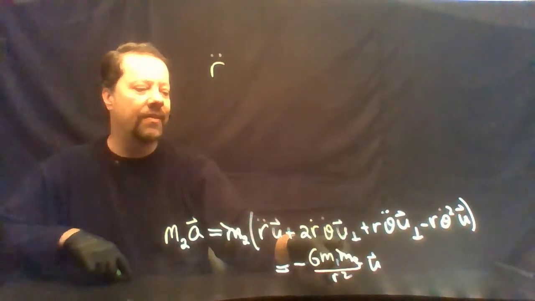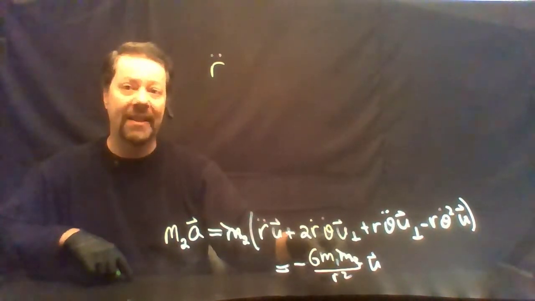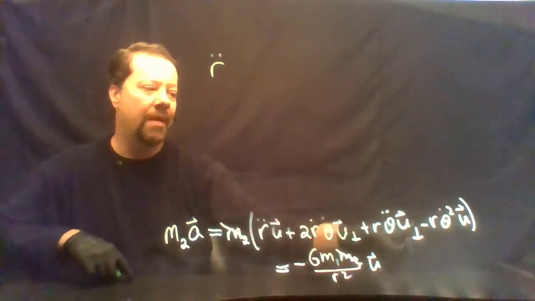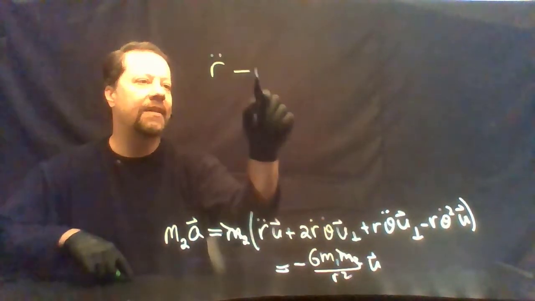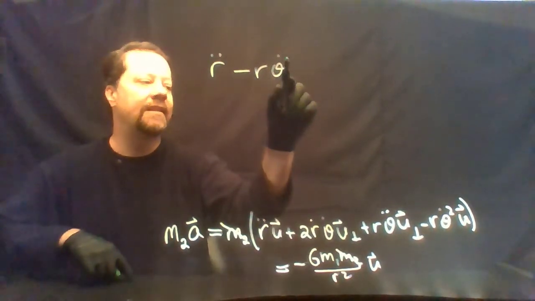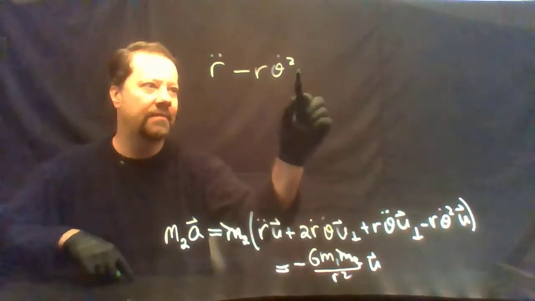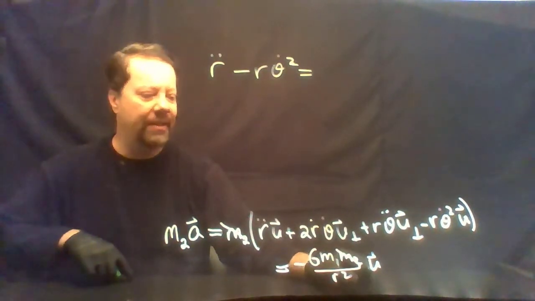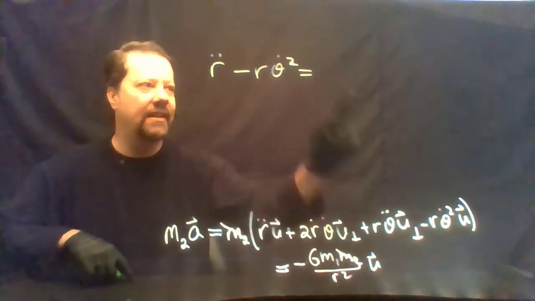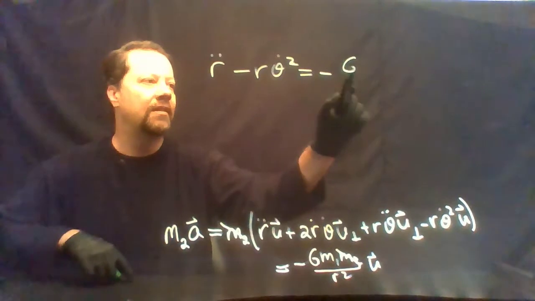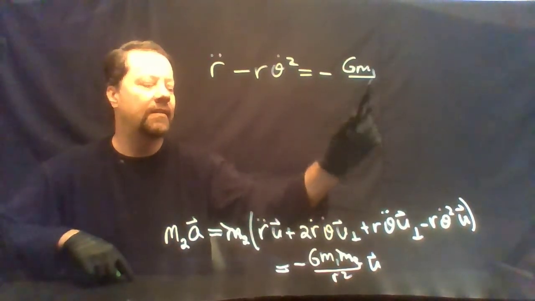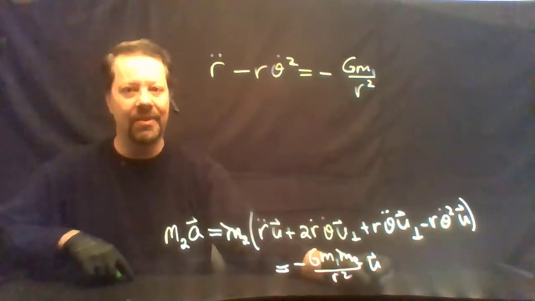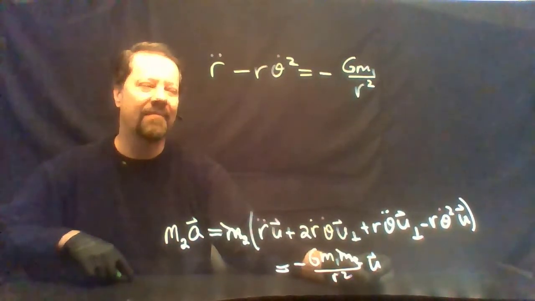When we dot u on the second term, we get 0, so that will drop, and the third term also drops. What's left is minus r theta dot squared times 1 equals, dotting with respect to u on the right-hand side gives us minus G m1 divided by r squared times 1, since u dot u is 1.